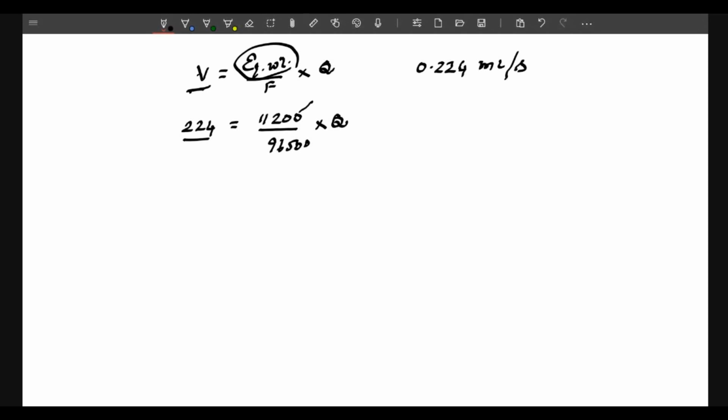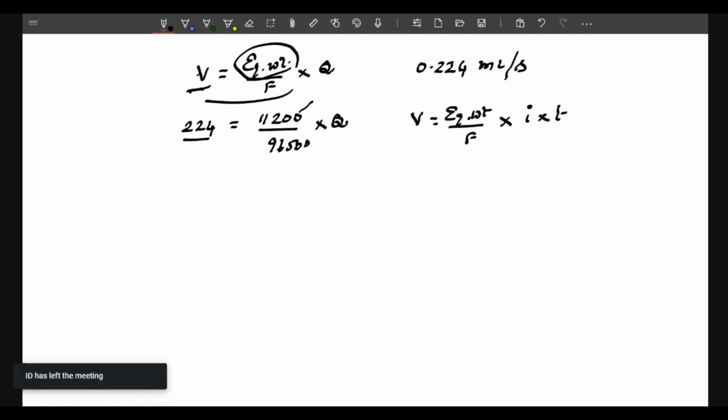And so once again, we are going to make use of volume. It is given, therefore we use this formula. And here the strength of the current is asked. Therefore, instead of writing Q, we write it as I into T. Here, what is the time of passage of the current? They are not directly given, but indirectly given. This rate of evolution is per second. Therefore, in the place of T, you should put the time 1 second.